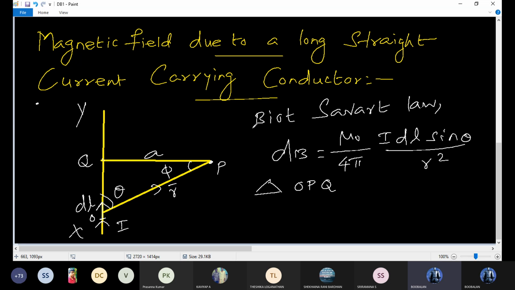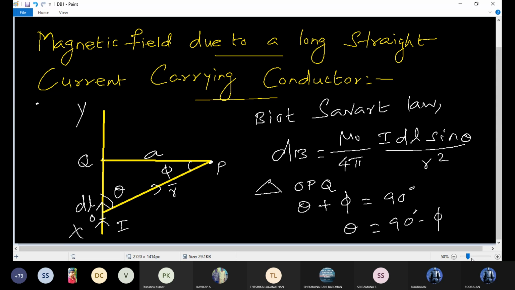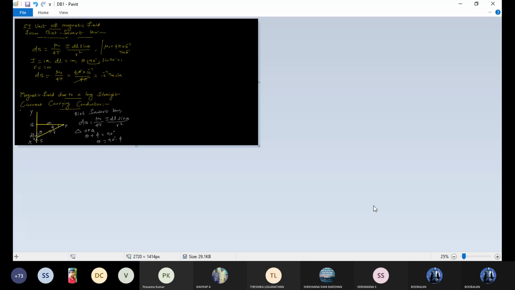The remaining angle also is phi. Now, theta plus phi is equal to 90 degree. Then theta value is equal to 90 minus phi. Now using the sin theta formula. Just a minute.